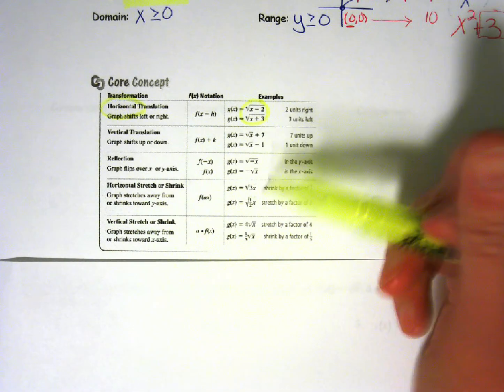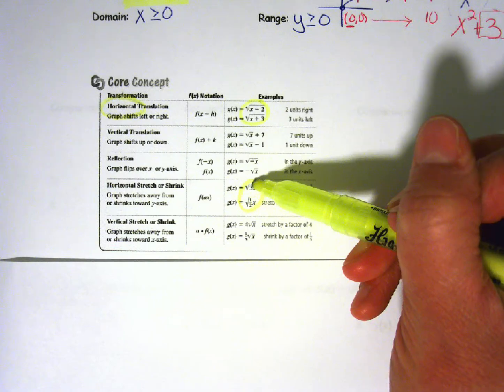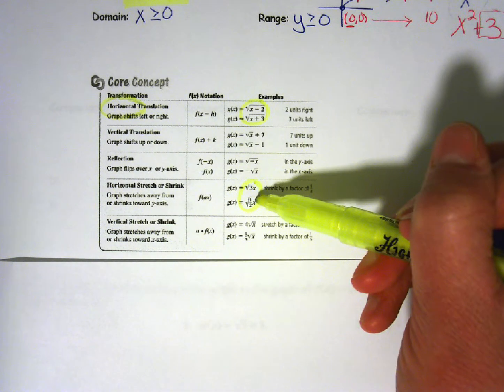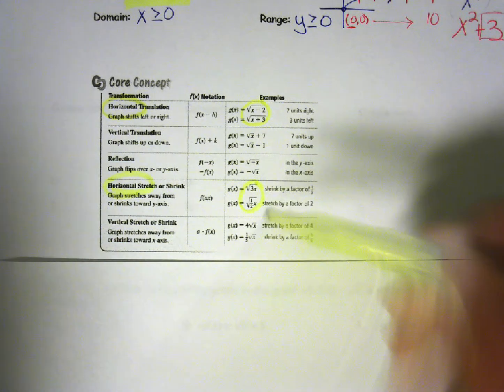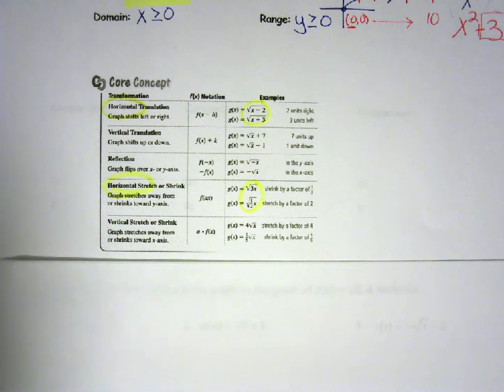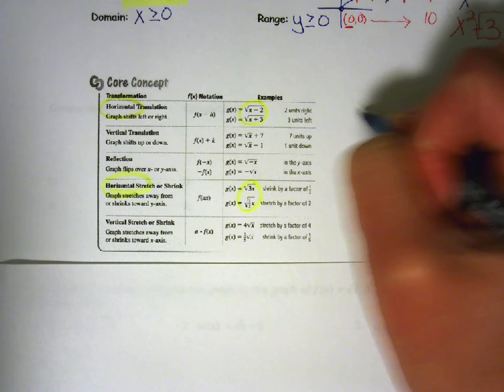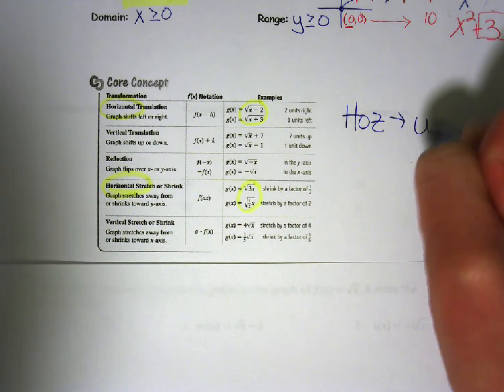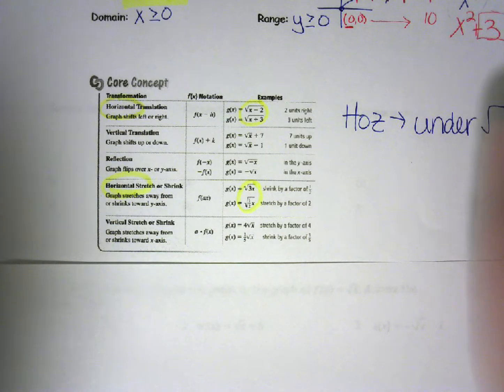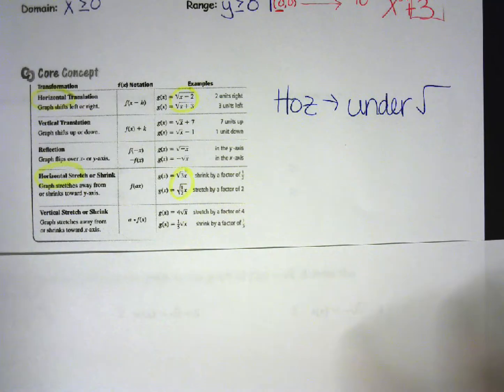Just like down here, anything under, because it's multiplication, it's still a horizontal, but it's a stretch or shrink. So we've had these before. So how about we say horizontal is under the radical, okay? So just remember that.